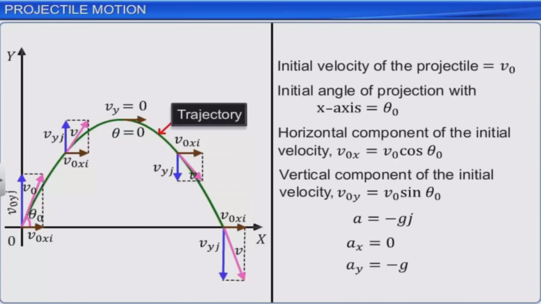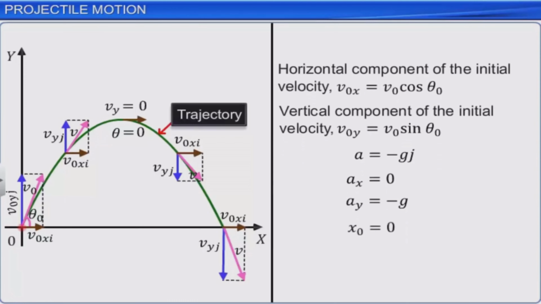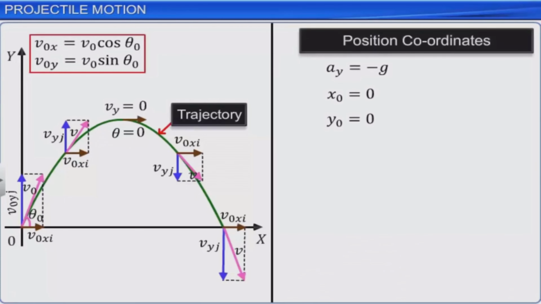Consider the origin at the initial position of the projectile. Therefore, x0 and y0 are equal to 0. Now, let's find the position coordinates of the projectile at any time t. Consider the horizontal motion: x is equal to v0x into t.